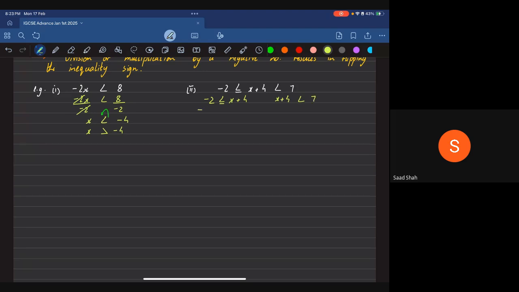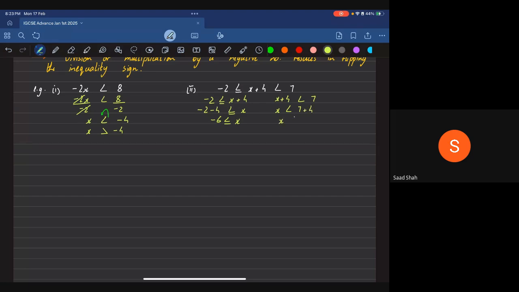So what's going to happen now? I'm simply going to do minus 2 minus 4 is less than or equal to x, and it's going to become minus 6 is less than or equal to x. On the other end, you're simply going to have x is less than 7 plus 4.